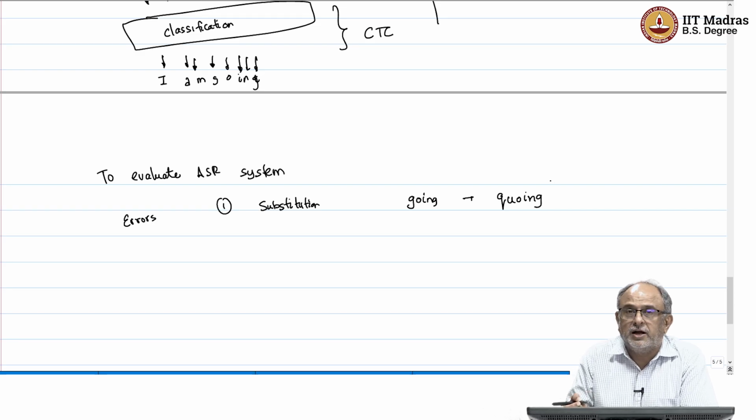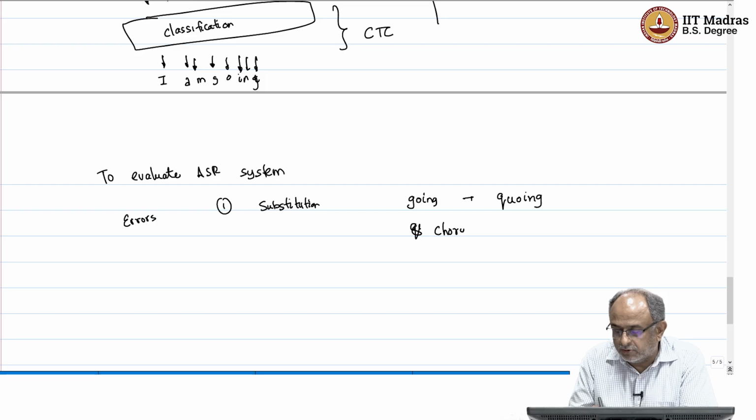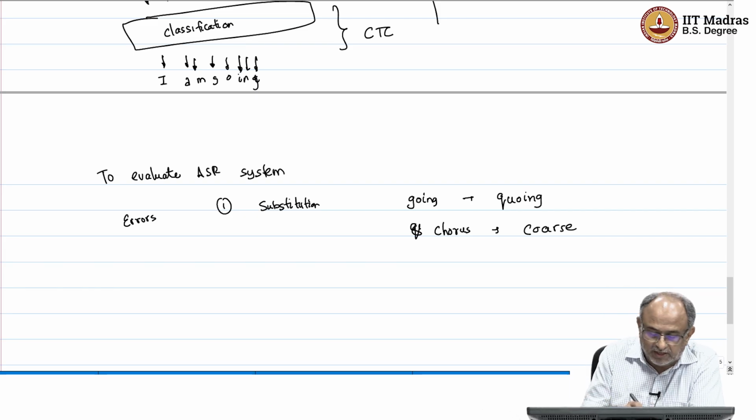Or sometimes very close words can come. I might have said chorus, but I might have got the word course. They are similar sounding, but obviously this is an error.